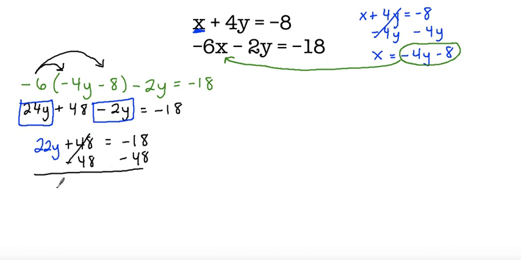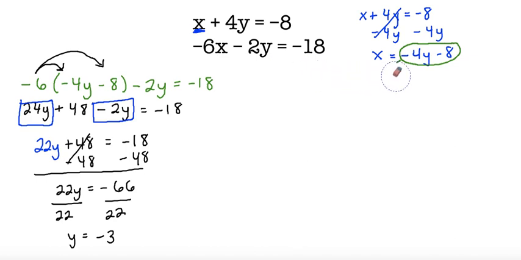And we end up with 22y is equal to negative 66. In order to get y by itself, we're going to divide both sides by 22. So y is equal to negative 3. So now that we have the y value, we're going to go in and substitute.